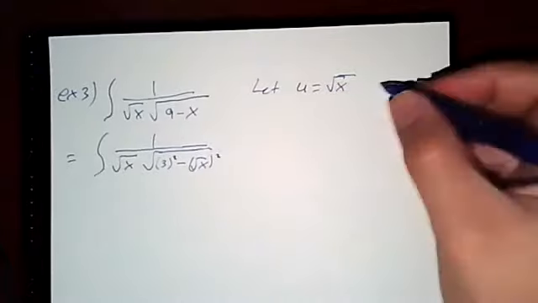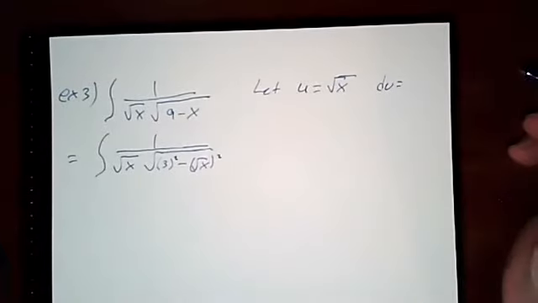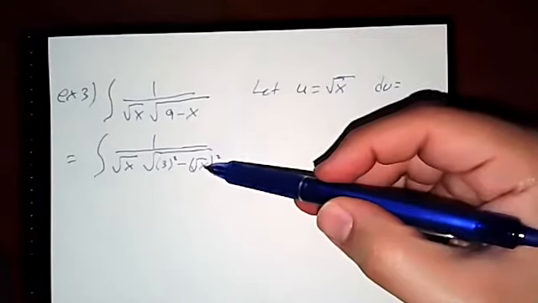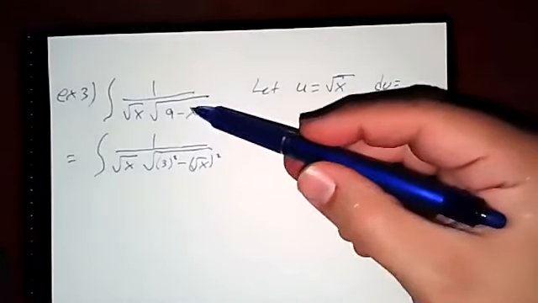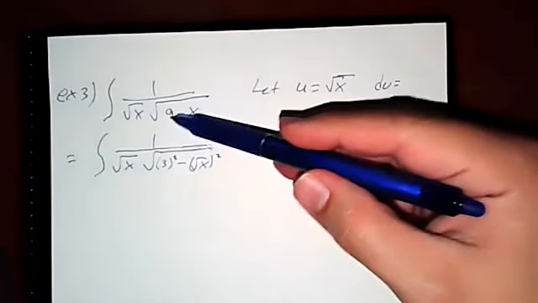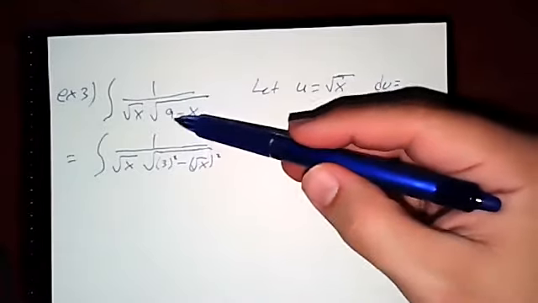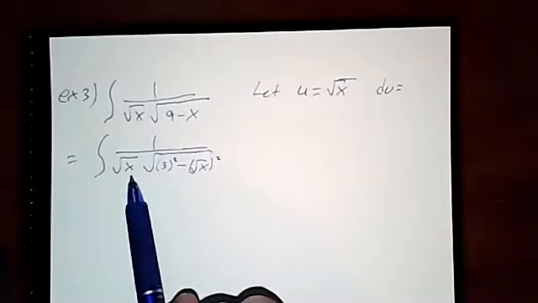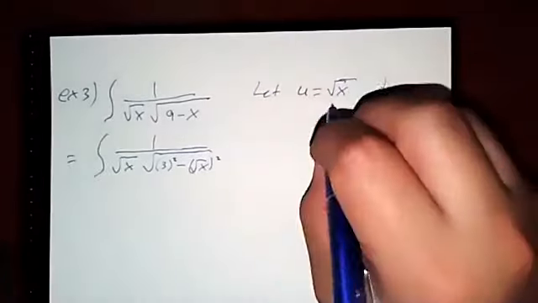All right. So this is what made me choose this u, because I can rewrite that x. So this is my a minus u squared. So that is going to be the sine setup. But this is in the way, so let's see how this goes. So let u be root x.